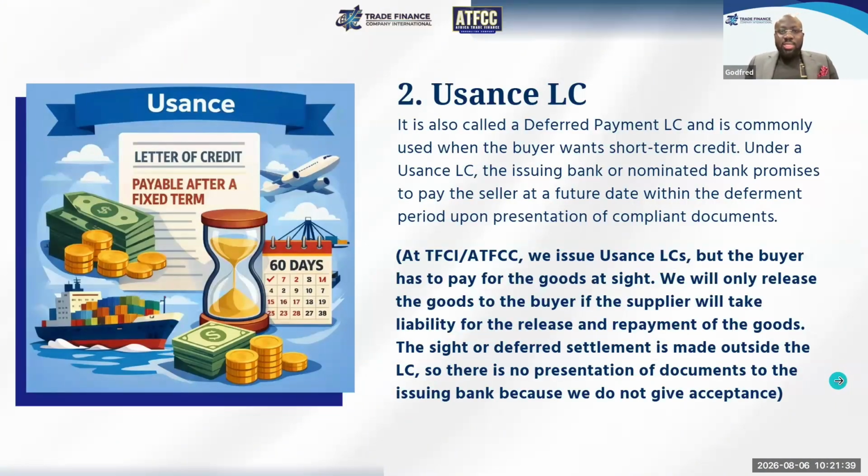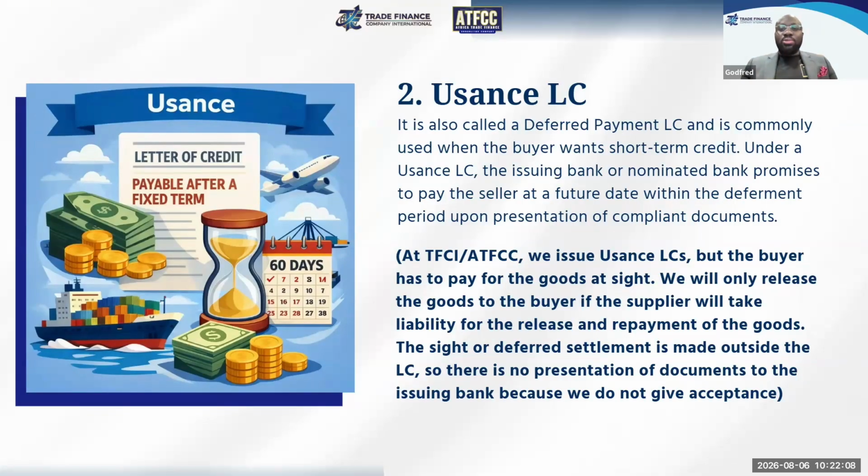And there's also a Usance letter of credit, which is also called a deferred letter of credit. It's commonly used when the buyer wants short-term credit. Under a Usance LC, the issuing bank or nominated bank promises to pay the seller at a future date within the deferment period, upon presentation of compliant documents. So in a Usance letter of credit, normally when the supplier submits the documents to the issuing bank, they are not paid immediately.